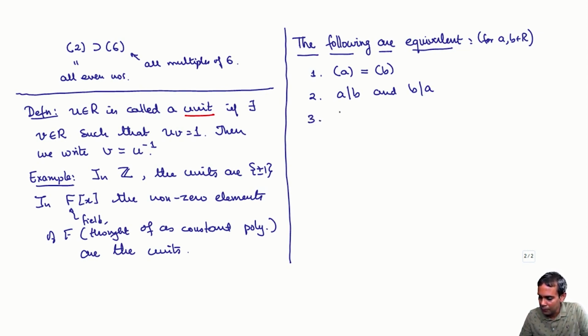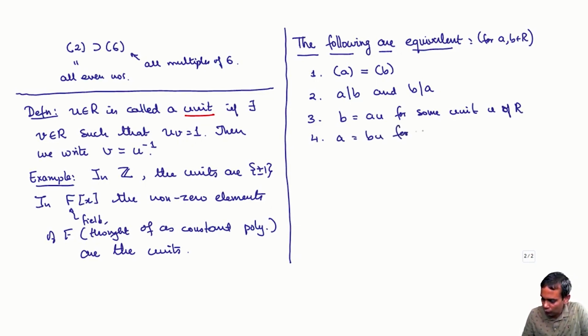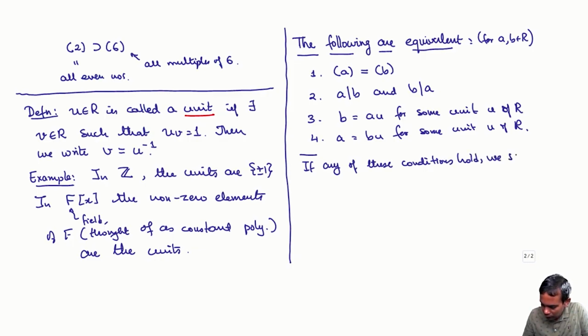Three, b equals au for some unit u of R, and four, a equals bu for some unit u of R. So if any of these conditions hold, then we say that a and b are associates.